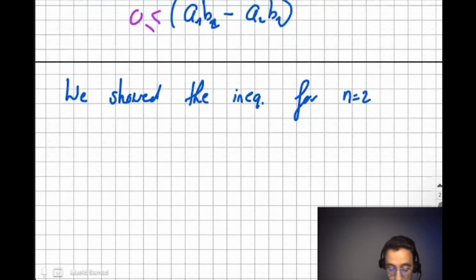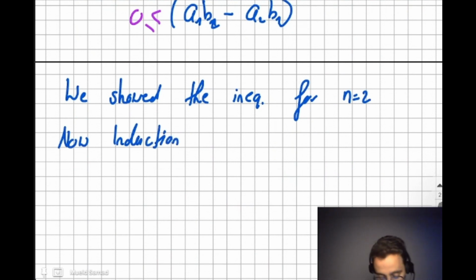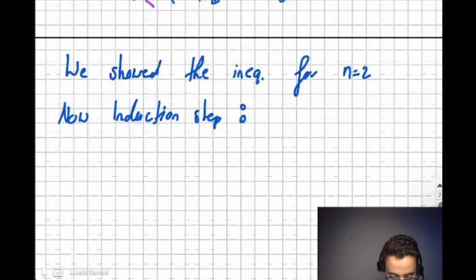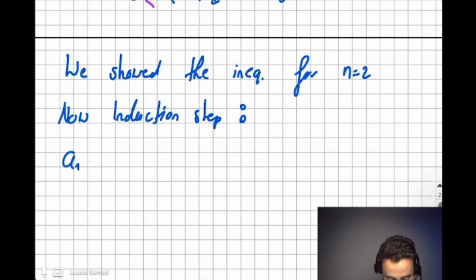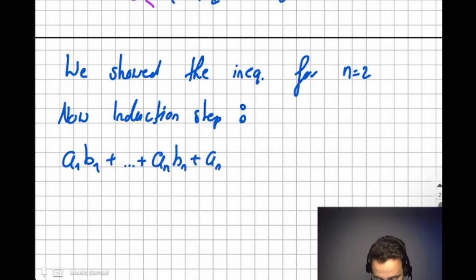Let's do the induction step, presuming, of course, that you know what an induction step is. So if we have a1 times b1 plus up to an bn plus an plus 1 times bn plus 1.